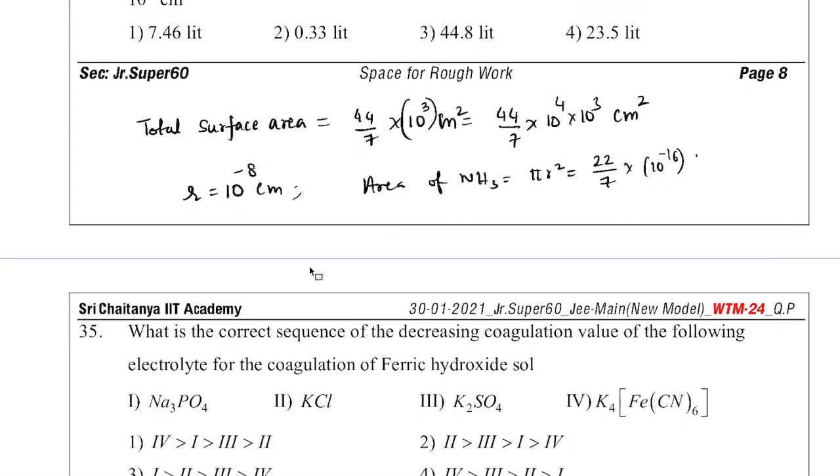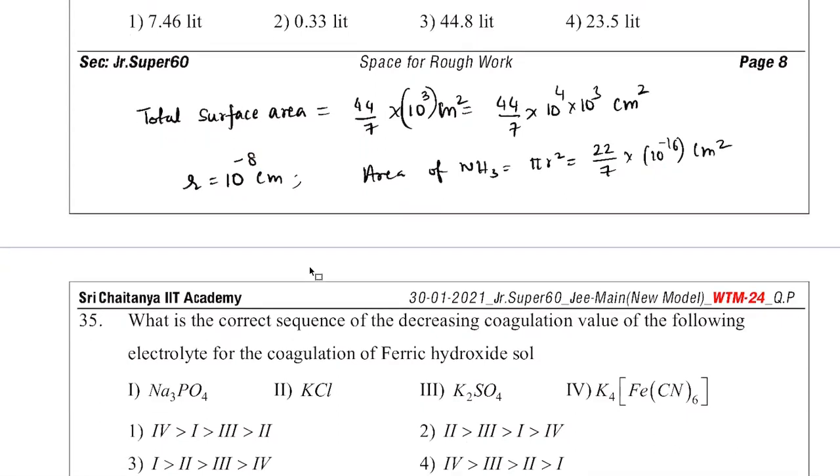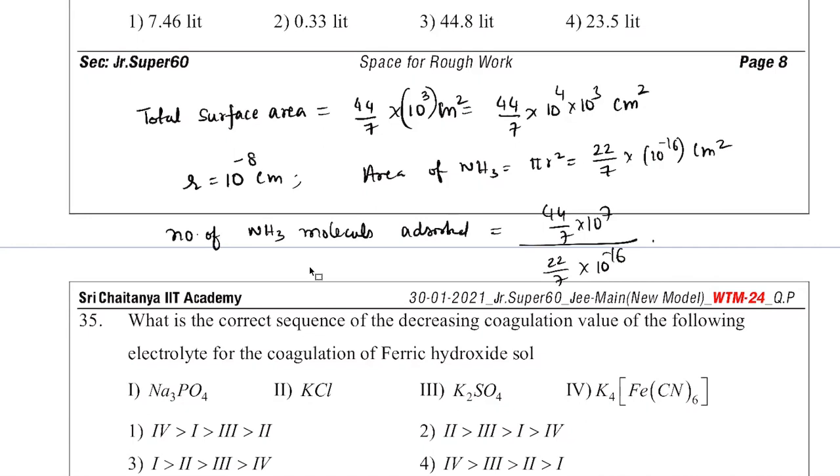So now this is also in centimeter square. So from here I can calculate number of NH3 molecules adsorbed will be equal to this 44 by 7 into 10 raised to power of 7 divided by 22 by 7 into 10 raised to power of minus 16, which is 2 into 10 raised to power of 23.